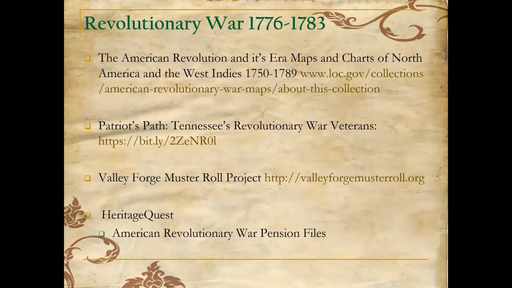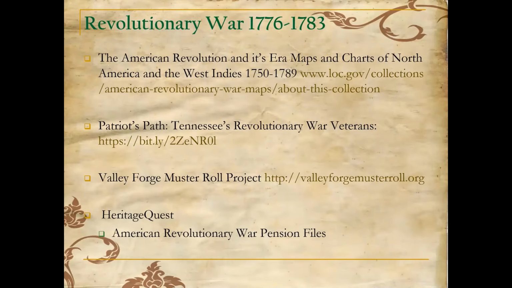So if you're doing Revolutionary War research and you have ancestors through Tennessee, you might want to jot down this bit.ly link. It's one that has gone live within the last couple of months, and it's a really good resource for physically tracing those Tennessee ancestors who may have served in the Revolutionary War. So it's a great resource. It's the only one, I believe, that's not on your handout if you downloaded it.